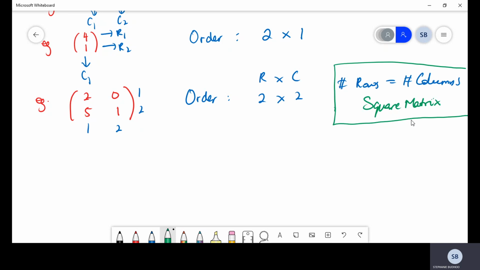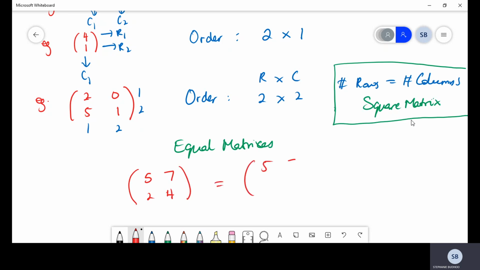And also, we can have a situation where we have equal matrices. For example, if you have one matrix that looks like this, we have 5, 7, 2, 4, and you have another matrix 5, 7, 2, 4, then it's said that these two matrices are equal to each other.